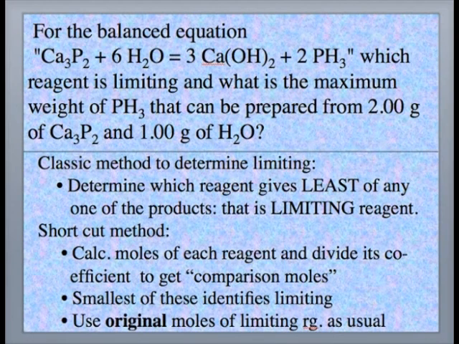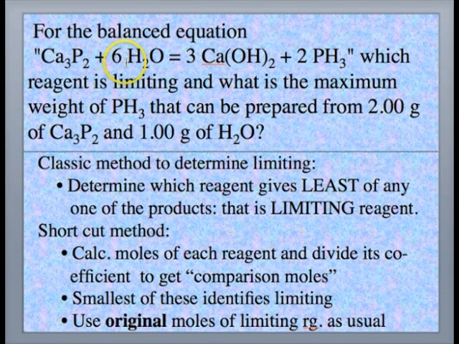And right now you know one method to determine that limiting reagent, the classic method. And you do that by determining which reagent gives the least of any one of the products. In other words, on the basis of the calcium phosphide, you might calculate the amount of calcium hydroxide or phosphine that forms.